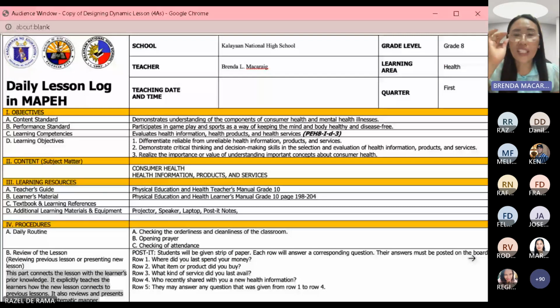Okay. So ayan na, example na po, no, ng DLP, ng DLL.